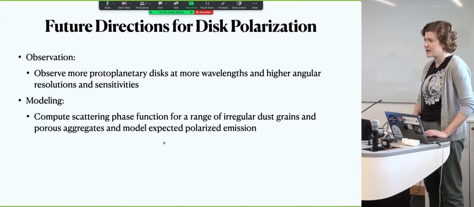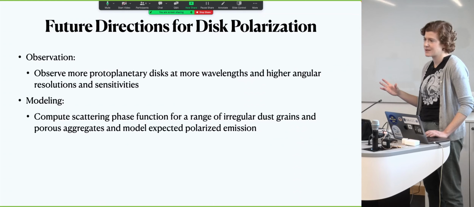And on the modeling side, we want to incorporate irregular and porous dust grains into our models, calculate how they would scatter light, and then put those calculations back into something like MCFOST to model the expected polarized emission from those disks.